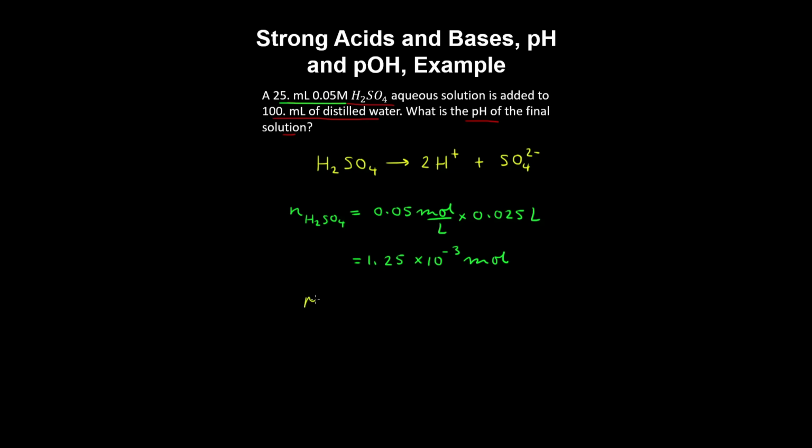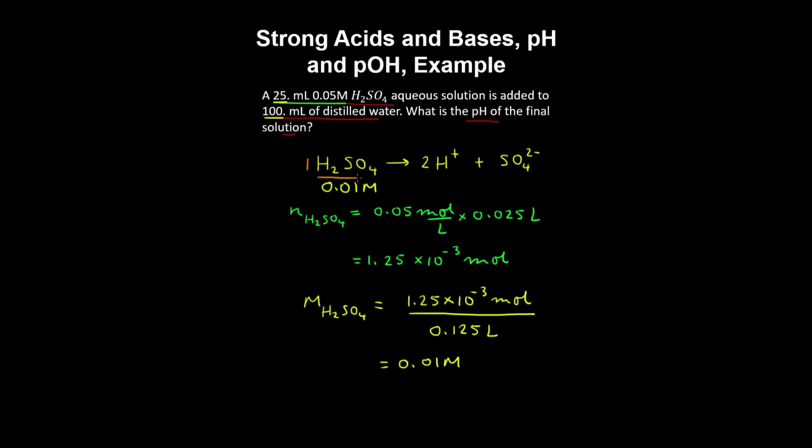And therefore the molar concentration of sulfuric acid in our final solution is the number of moles divided by 125 mL, which is 0.125 liters. So that gives 0.01 molar.